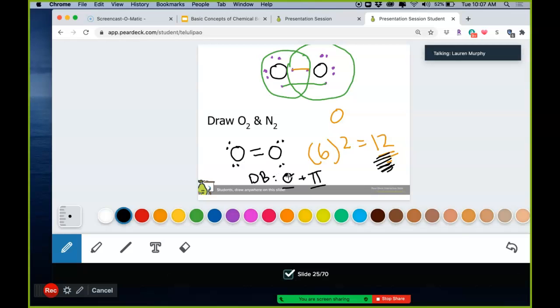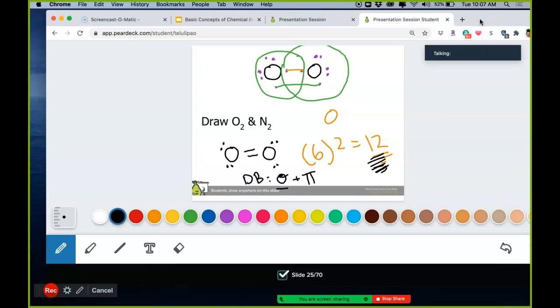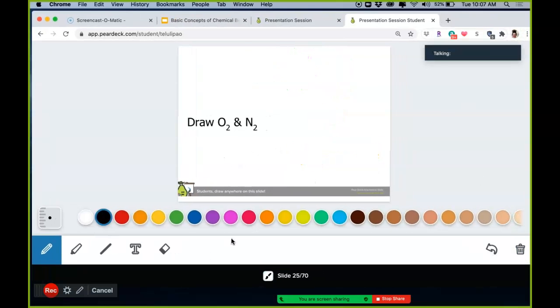How about you guys try to do N2? So 2 nitrogens, diatomic nitrogen. And now nitrogen has 5 valence electrons.